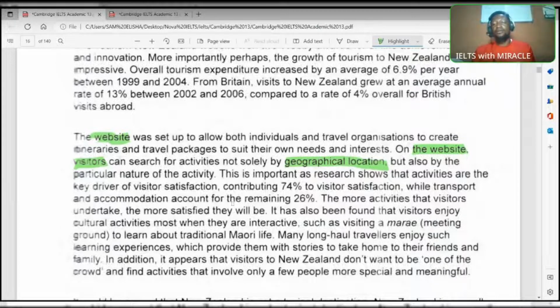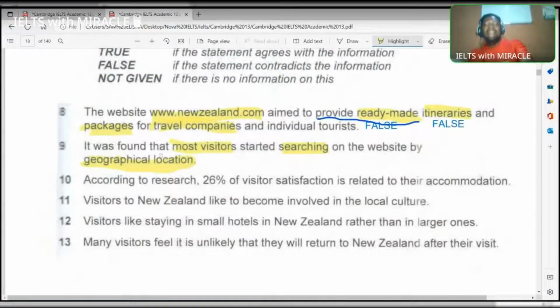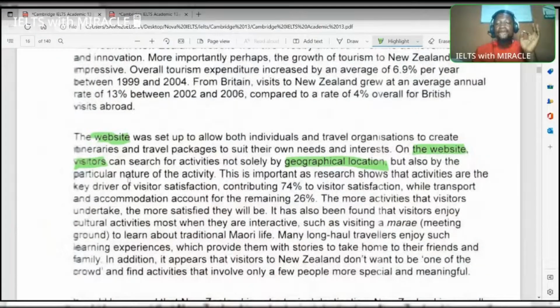So now let's go again. We have keywords like most visitors started searching. Now you would notice that they did not tell us anything. We do not see a keyword like most. I told you of a qualifier. There is no place that tells us that most visitors or many visitors. We do not see that keyword or any word that represents that word.